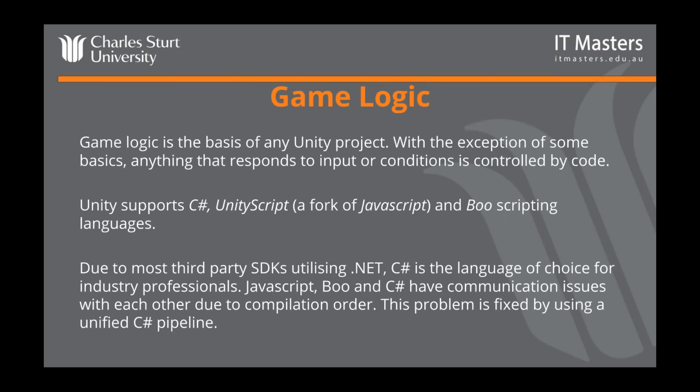So next up is game logic. Game logic is pretty much the backbone of absolutely anything you're doing. With the exception of some of the basics, pretty much everything in game logic responds to input. That is, everything is triggered by something else. For example, you have what's called an update loop. All your characters' movement is usually handled in an update loop.